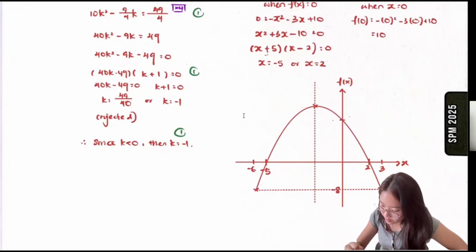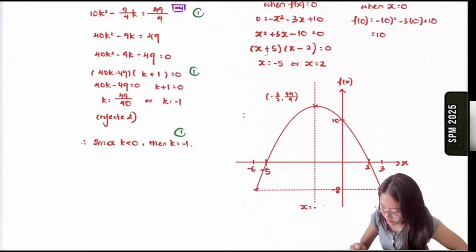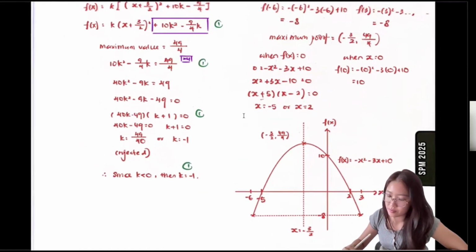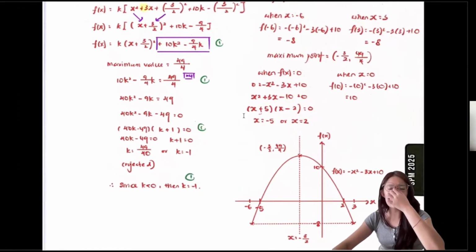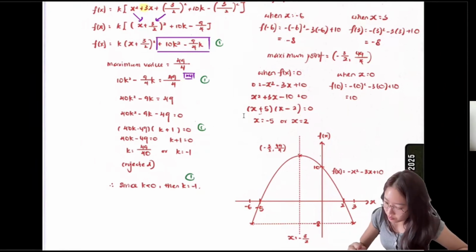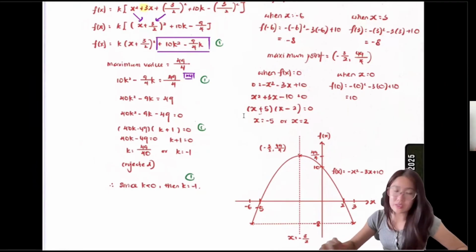Your y-intercept is 10. -3/2, 49/4. And then your axis of symmetry, -3/2. Okay, then lastly, the function's name, f(x) equals to -x squared minus 3x plus 10. That's it. Or you can label the vertex form also, the updated vertex form. Okay, this one 49/4. That's it.